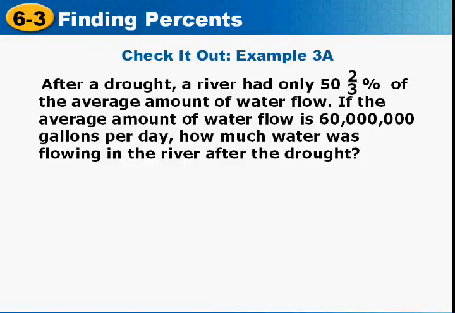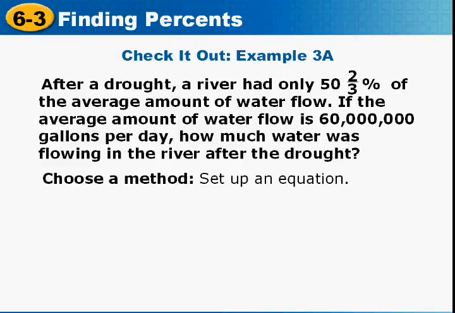So here's your check it out. After a drought, a river had only 50 2/3% of the average amount of water flow. If the average amount of water flow is 60 million gallons per day, how much water was flowing in the river after the drought? So I want to know how much water was flowing in the river. Well, the river had only 50 2/3% of the average amount in it, and that average amount was 60 million.